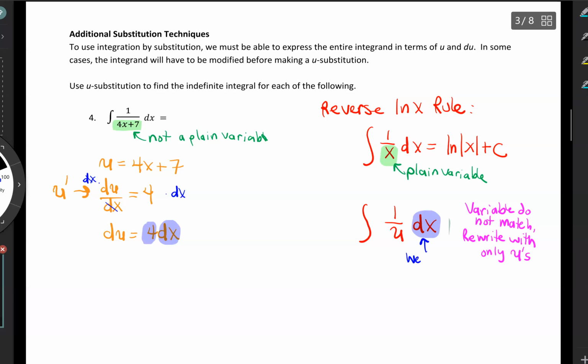So we have a dx, we don't have a 4. So what we're going to do is come over here and isolate what we have. So isolate what is present in the integrand.